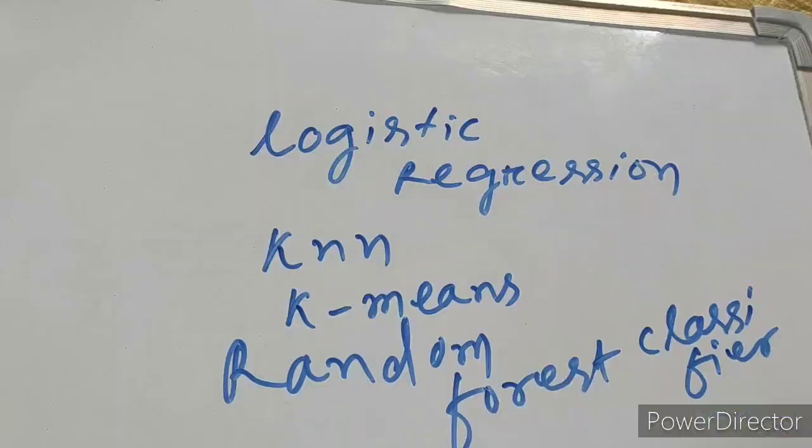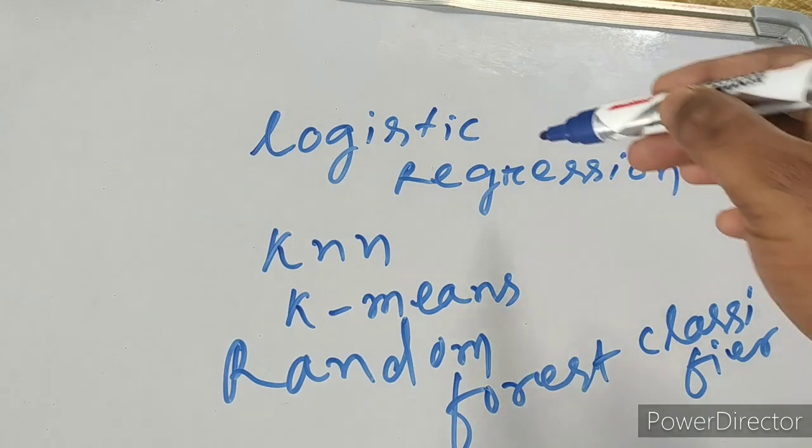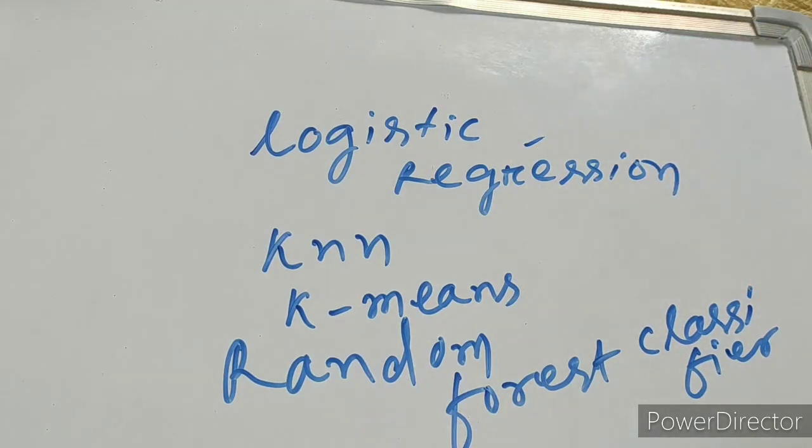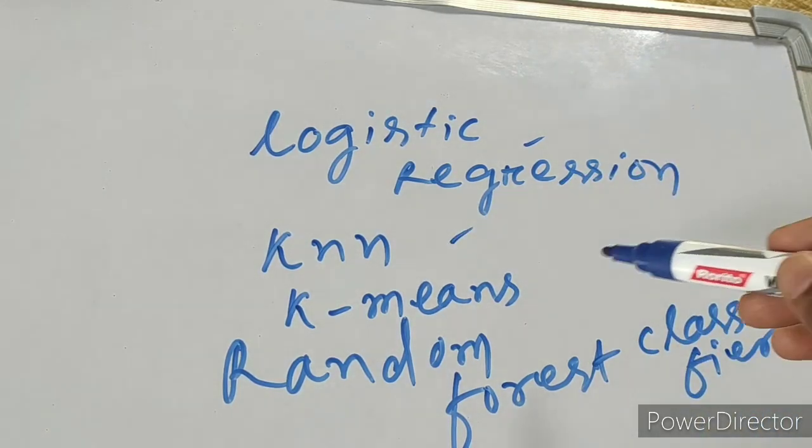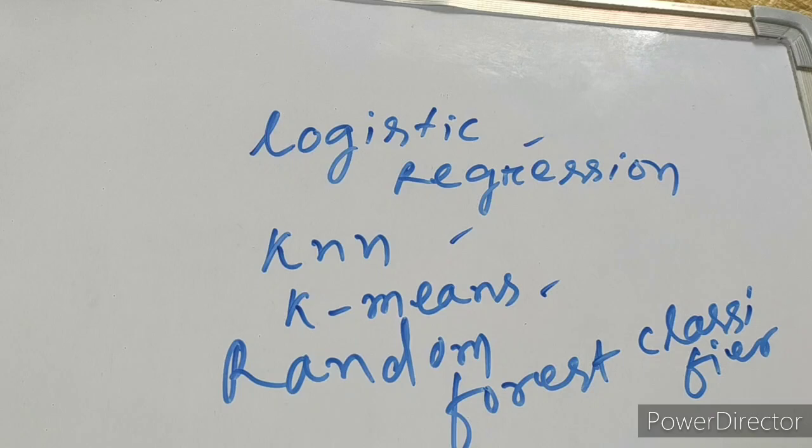So let's proceed. For binary classification and multi-class classification, we have seen how logistic regression works. Apart from logistic regression, for classification problems we can use a variety of algorithms like k-nearest neighbors, k-means clustering, or random forest classifier. There are various algorithms available in machine learning and data science which we can use for classification problems.